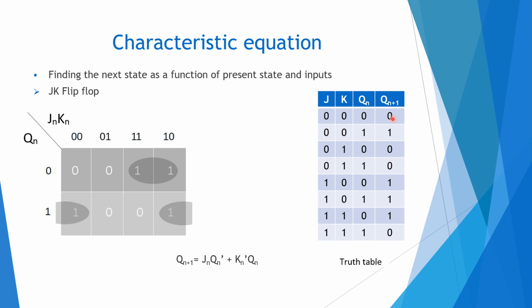We can write here 0 1 0 0 and 1 1 1 0. So we can take this group, which will be Jn Qn bar, and here again we can circle these two, so it will be Kn bar Qn. So we have got Qn plus 1 equals Jn Qn bar plus Kn bar Qn.